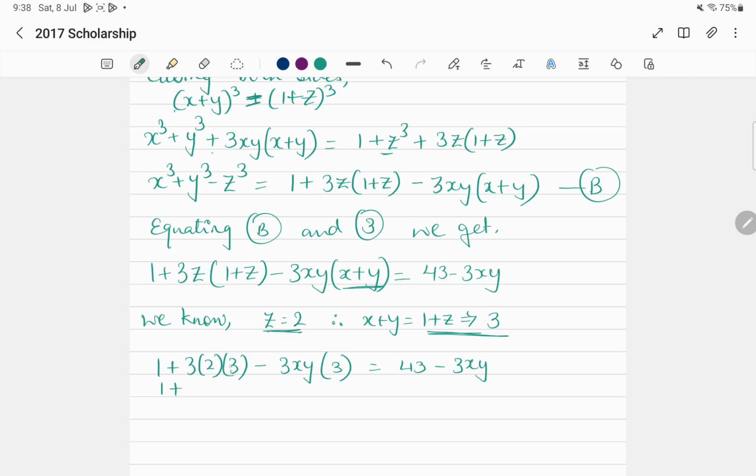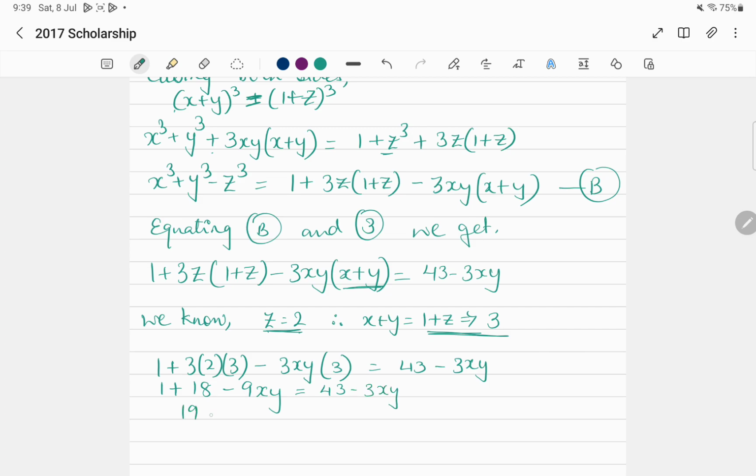Now 1 plus that becomes 19 minus 9xy. Let's rub that off. So 19 minus 9xy is equal to 43 minus 3xy.